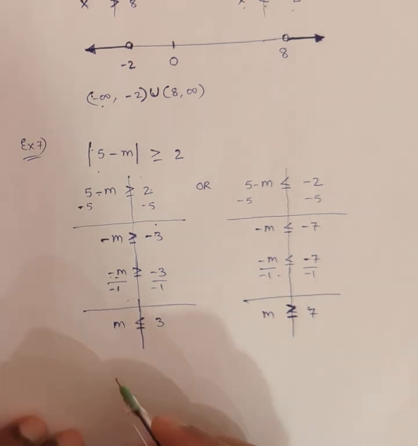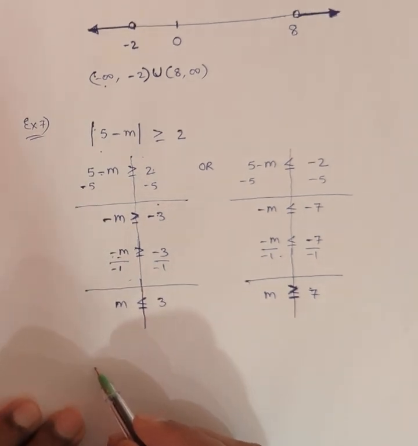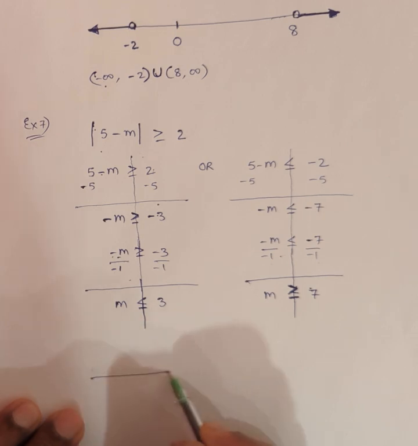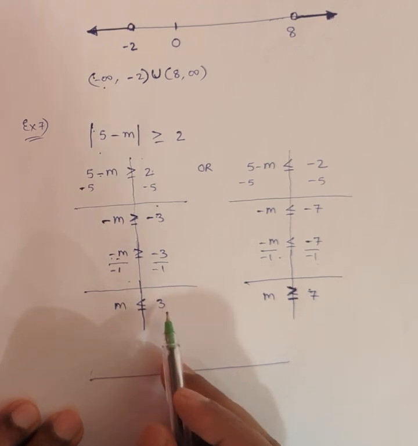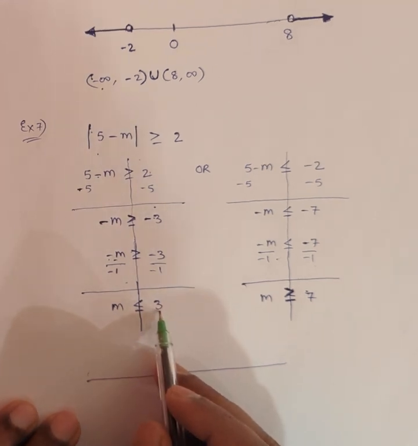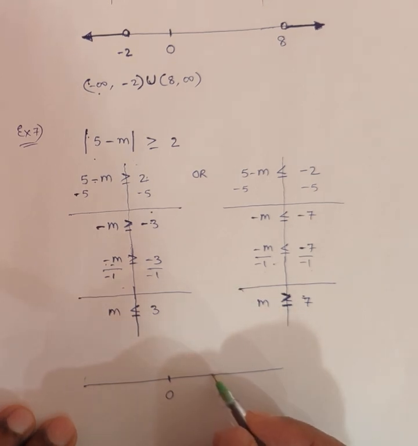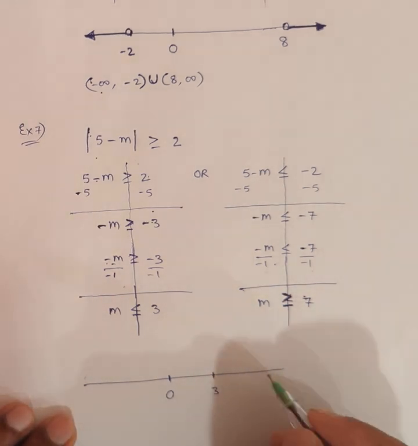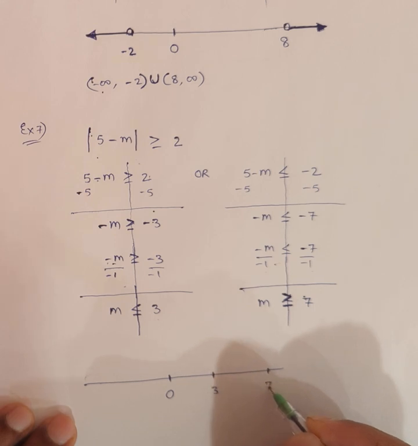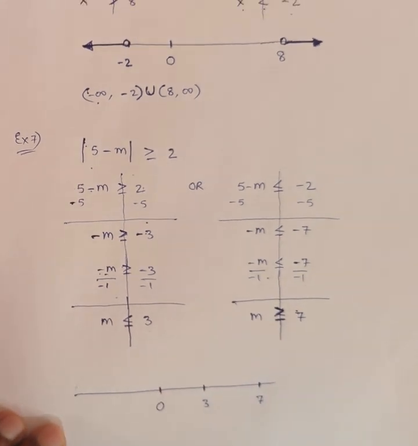Now let's try to first draw the graph on the number line. So how does that look? You always want to write down 0 somewhere. Now what numbers do I need? I need the 3, which is on the right side of 0. And I also need 7, and 7 is again on the right side, but further down.